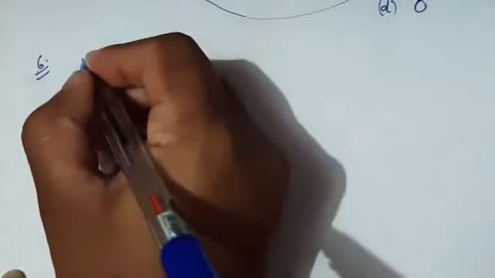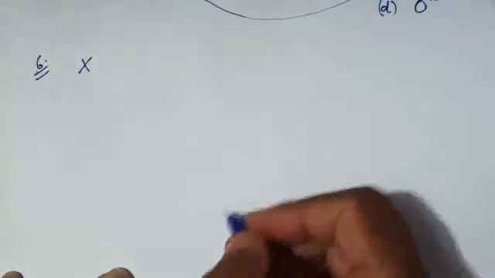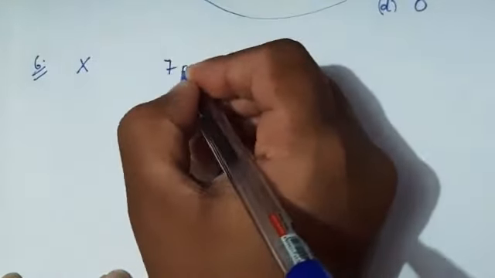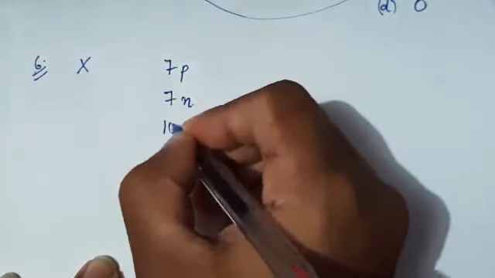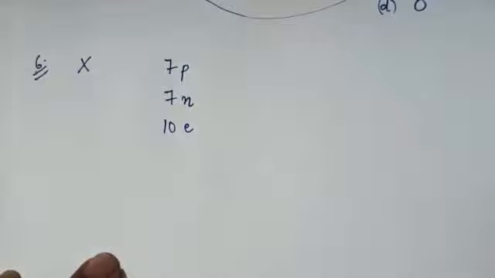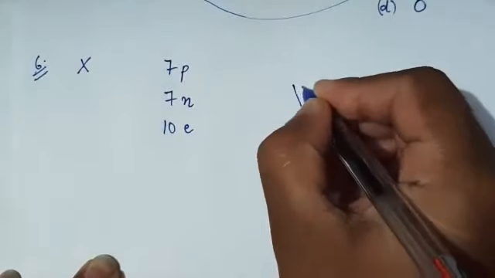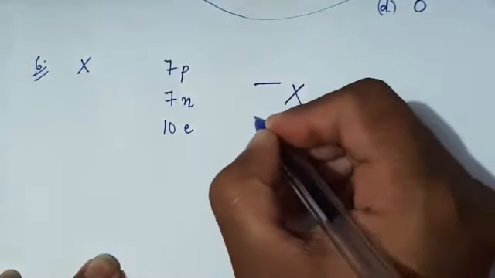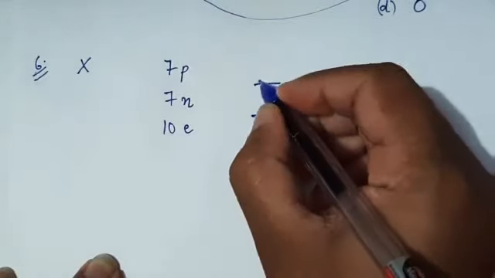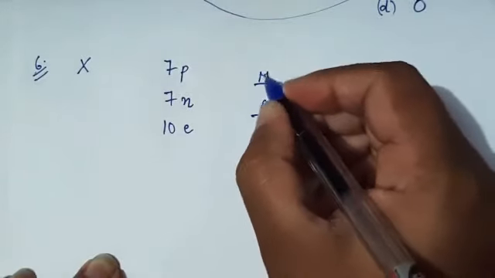An ion X contains 7 protons, 7 neutrons and 10 electrons. Now you have to write the formula of this ion X. So how to write the formula? Symbol. Here we write the mass number and here we write the atomic number. Now what is the mass number?